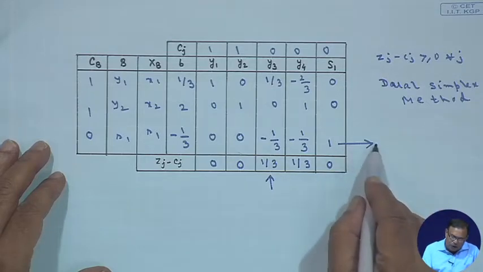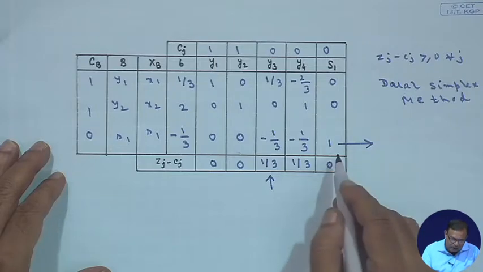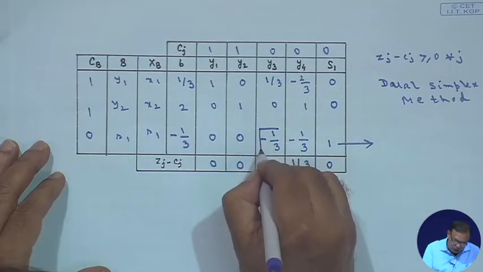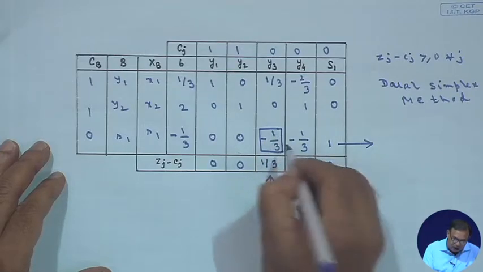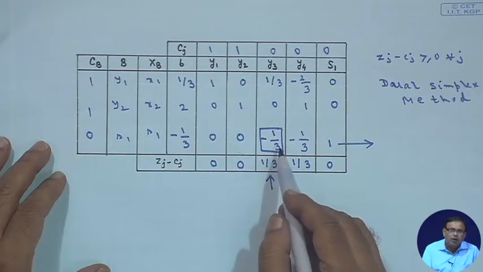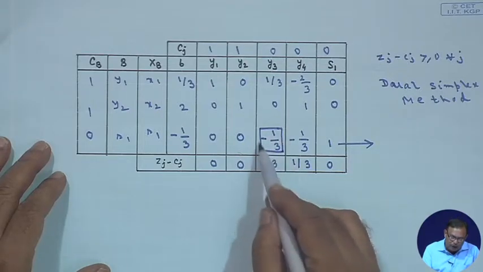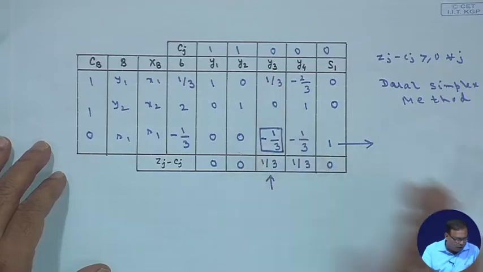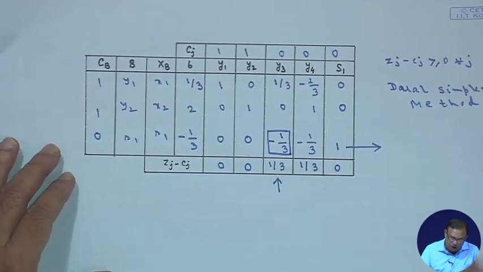So, the outgoing vector, the departing vector, is S1, and the entering vector is Y3 or X3. So, your pivot element is this. Since your pivot element is minus 1/3, now I have to make this element 1 and all other elements in this particular column 0.